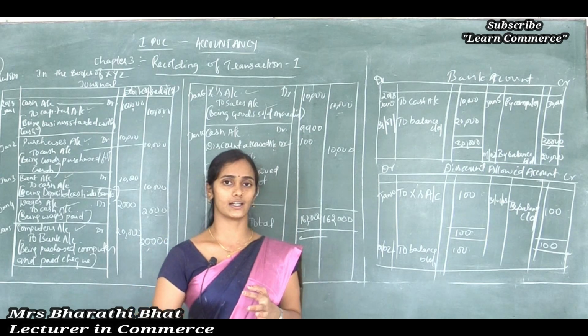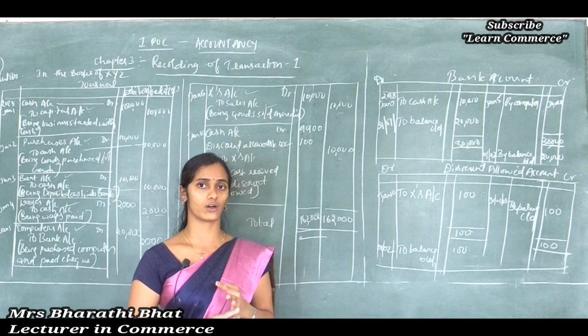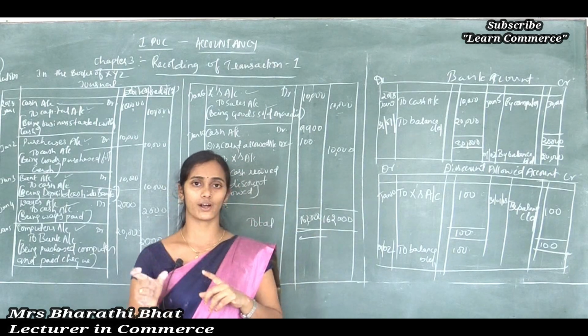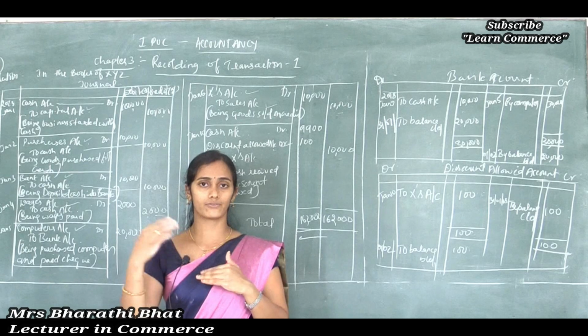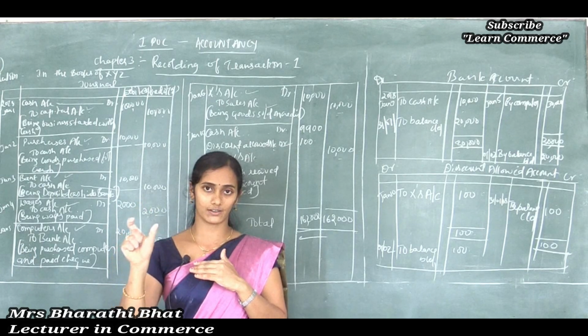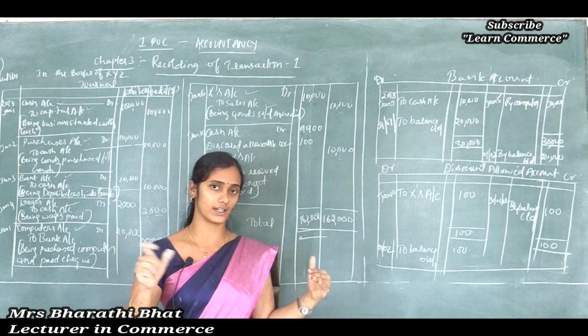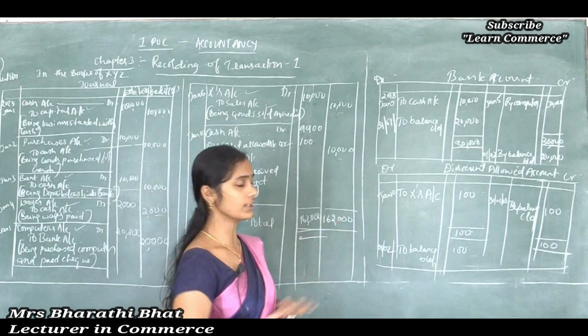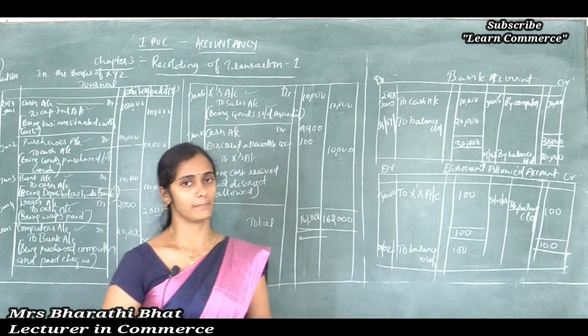After posting, we need to total it and balance that. Greater amount should be recorded under both sides. On the lesser side, we need to write the carried down amount, and the next one below the total, brought down amount. So this is about ledger posting and balancing.